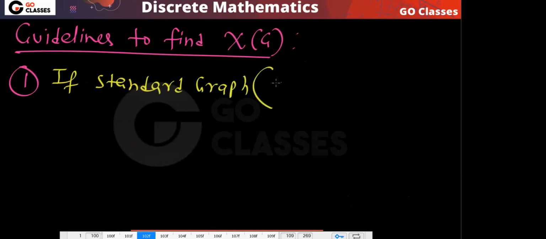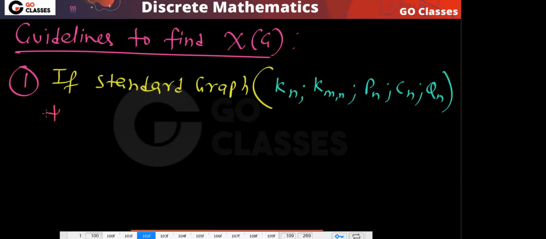Can anyone tell me? Like Kn, like bipartite graph Kmn, like Pn, like Cn, like Qn, like En. So these are the standard graphs. If you have a standard graph, then you directly know the answer.